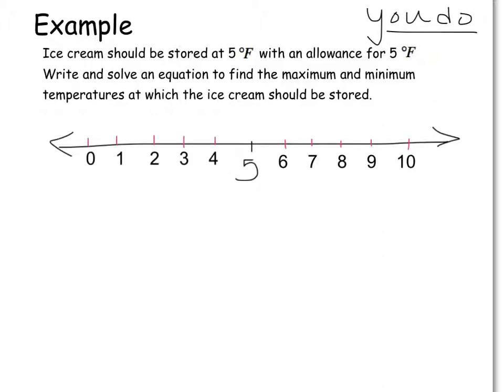I drew a number line for you, starting at 5 degrees, but we give an allowance of 5 degrees on each side. Looking at my graph, I see that my temperatures will be between 0 and 10, starting at 5 with an allowance of 5 degrees on each side. So my answer is from 0 to 10.